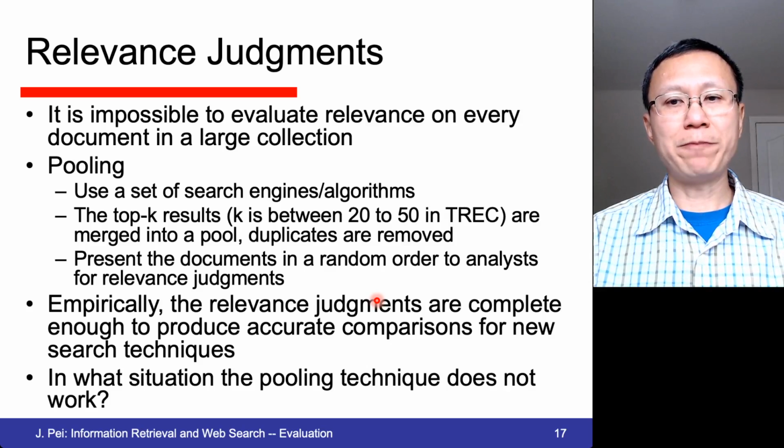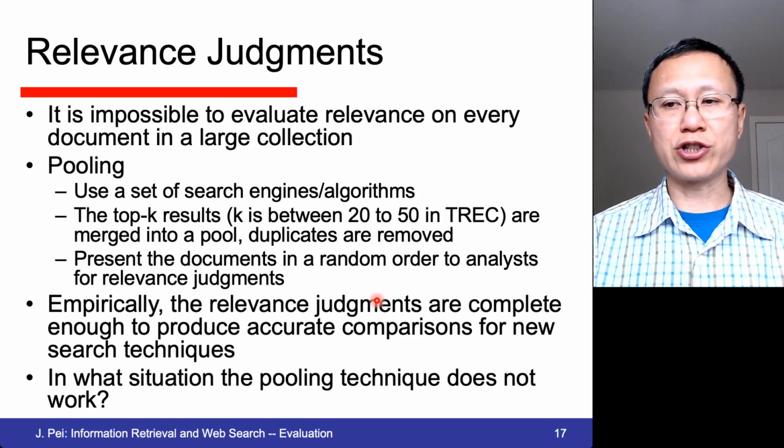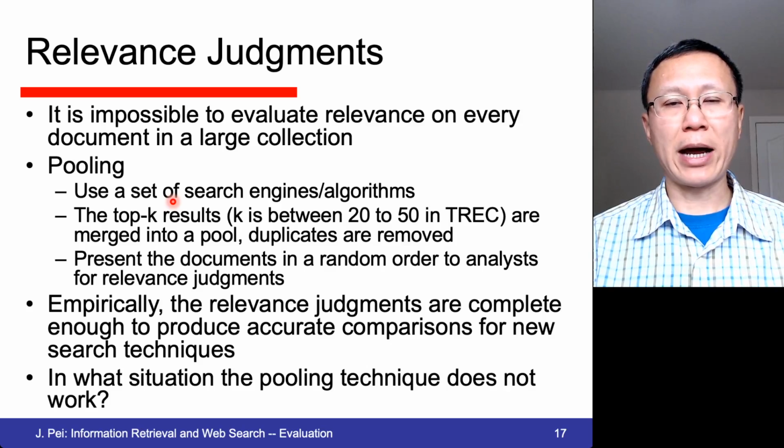Then we present the documents in a random order to the analyst, to the judge, and ask them for the relevance judgment. In reality, people find that the relevance judgments produced by the pooling method are complete enough to produce accurate comparison for new search techniques.